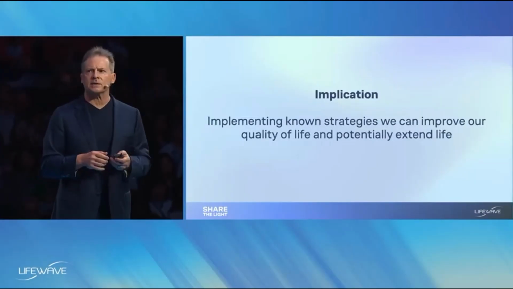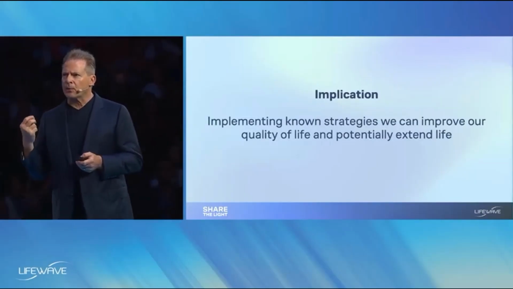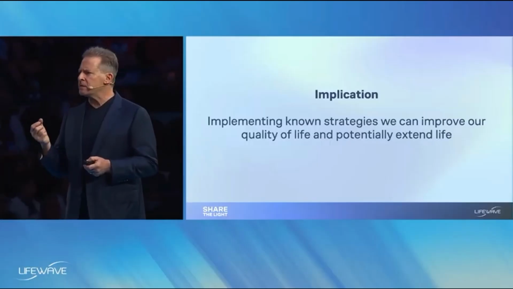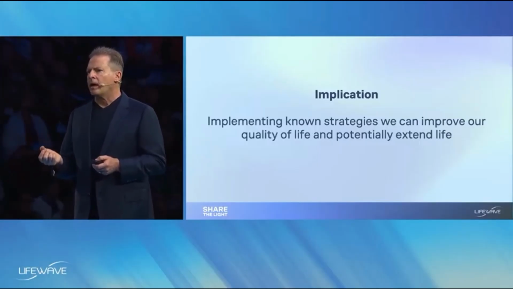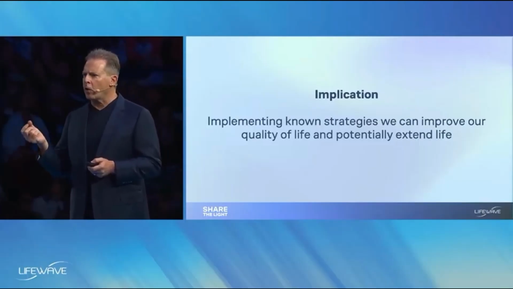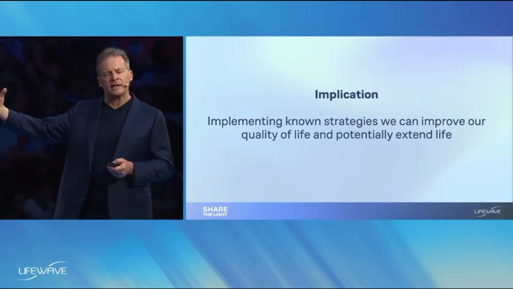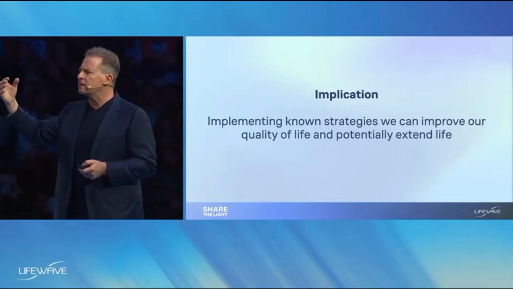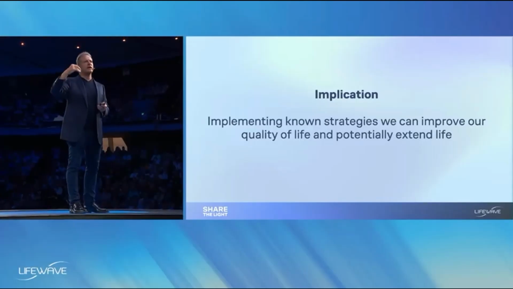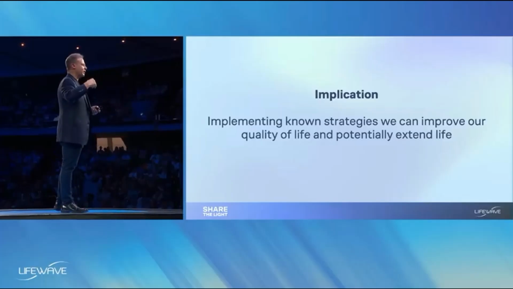The implications to this is that the problem of human aging is solvable. And it gives us the hope that not only can we extend how long we live, but we can live productive lives and more youthful lives in the process.